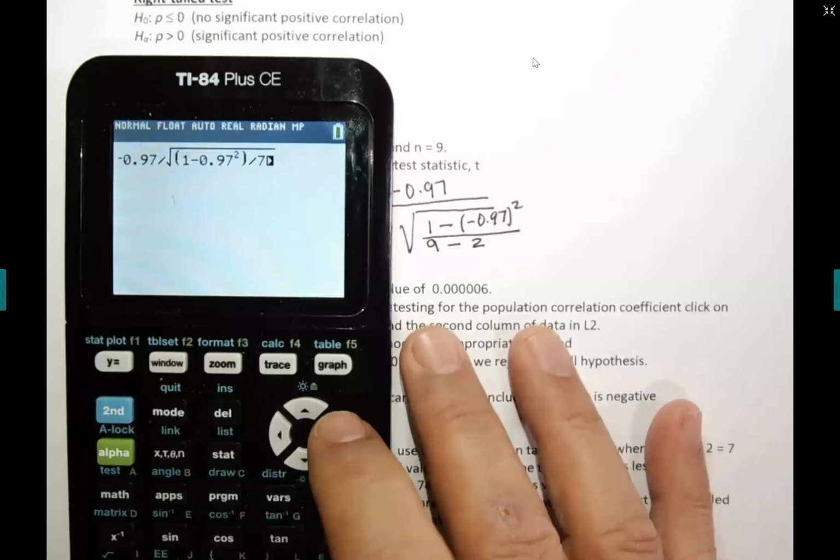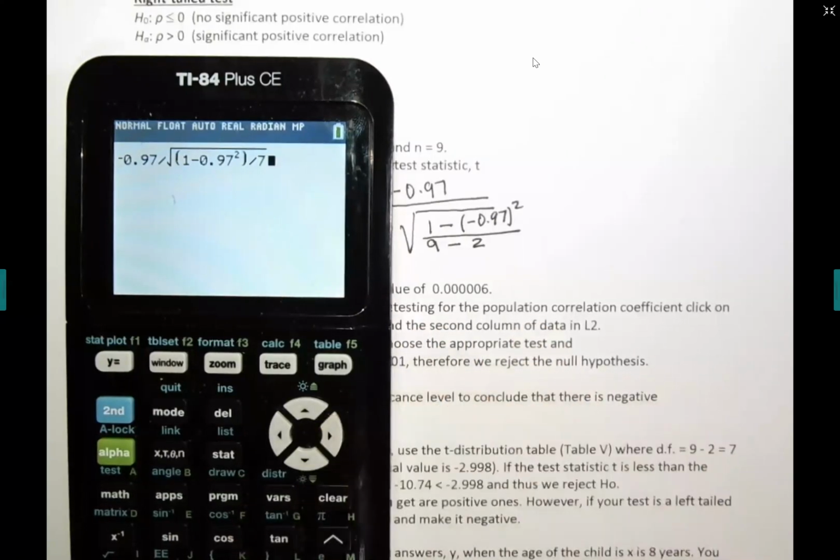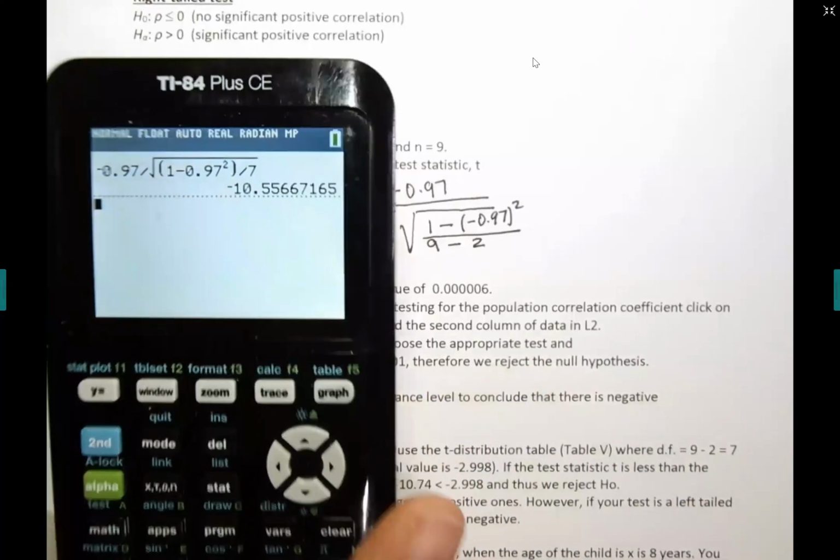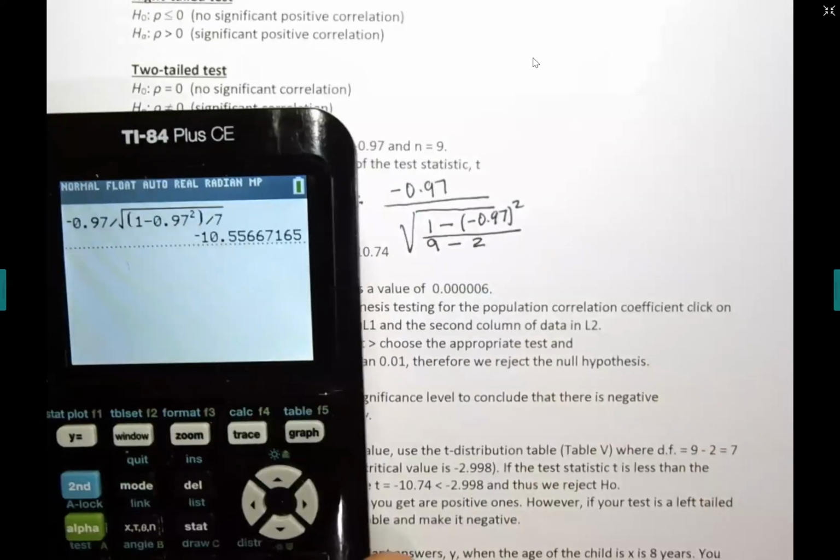And now, with this, get out and press enter. And you get negative 10.56 or 10.57, which is fine, although you're going to tell me your calculator did not produce negative 10.5566, you got negative 10.7.